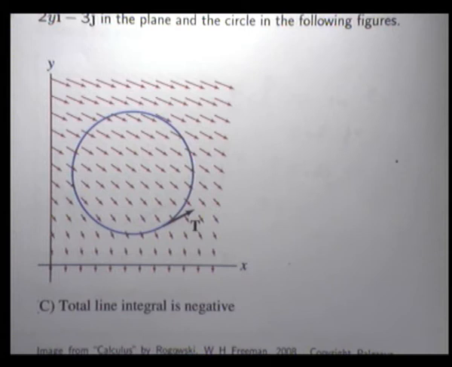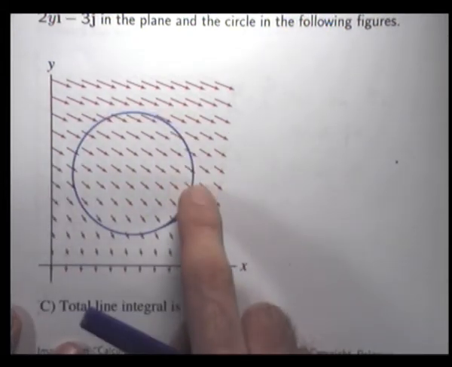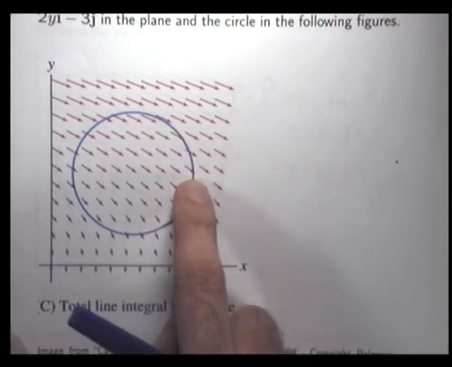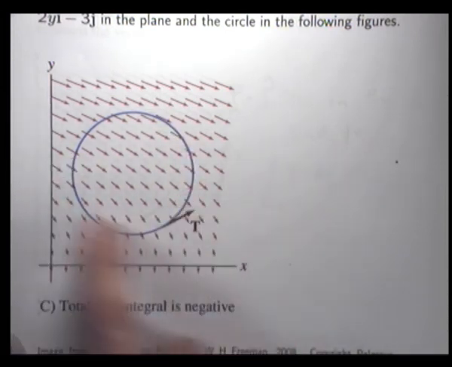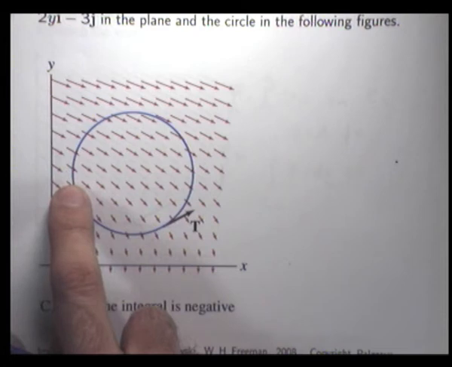Anyone? Yeah, it's got to do with the magnitude of F. That's excellent. Right? You can see here the magnitude of F is greater than the magnitude down here. Right?